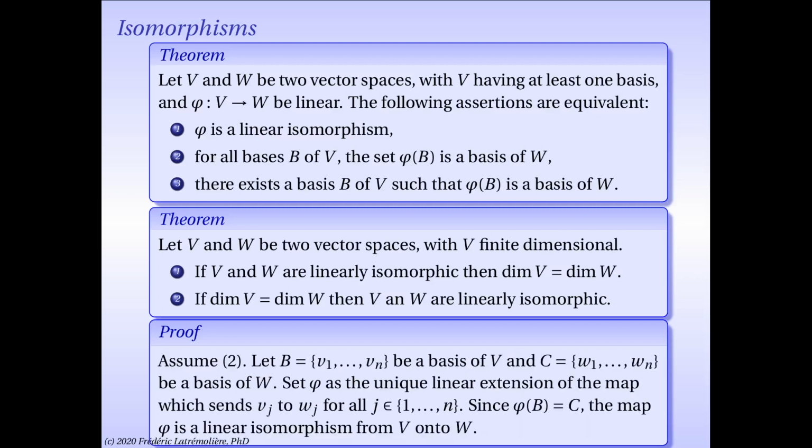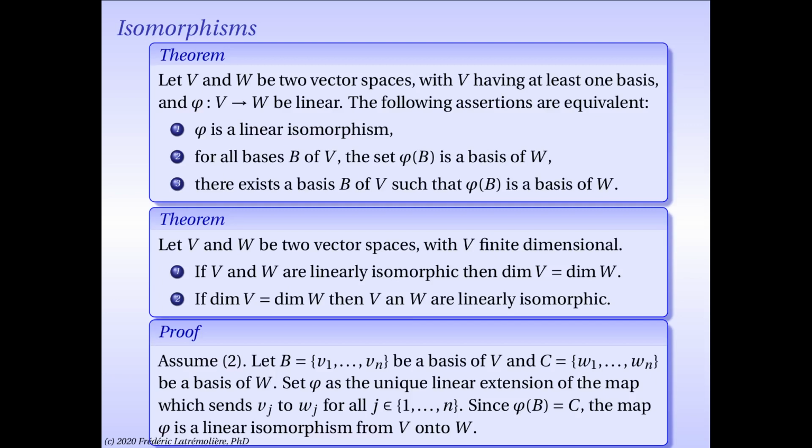Now assume on the contrary that the dimension of V is known to be the dimension of W. So V has a basis of, say, n elements, V1 to Vn, where n is the dimension of V. And W has a basis, let's see, W1 to Wn, with the same number of elements because they have the same dimension. Now, we can set phi as the unique linear extension of the map which sends V sub j to W sub j for each j between 1 and n.